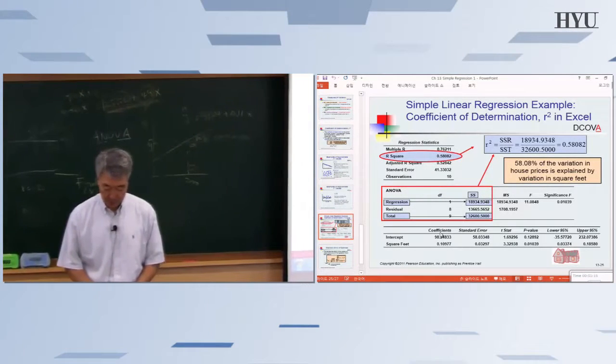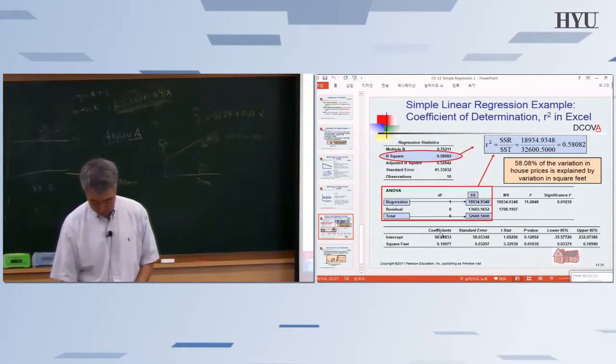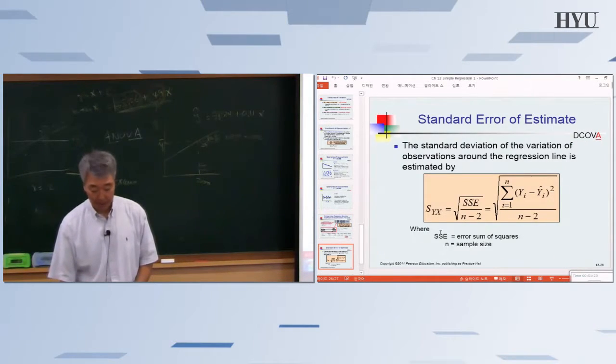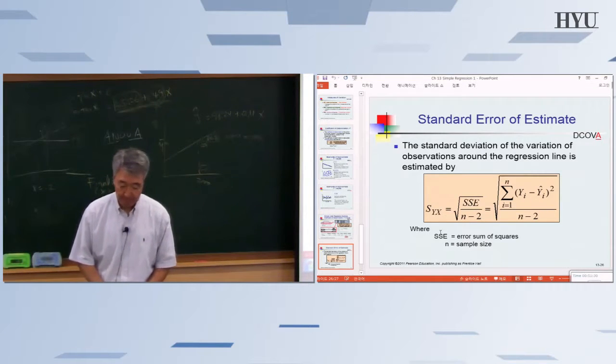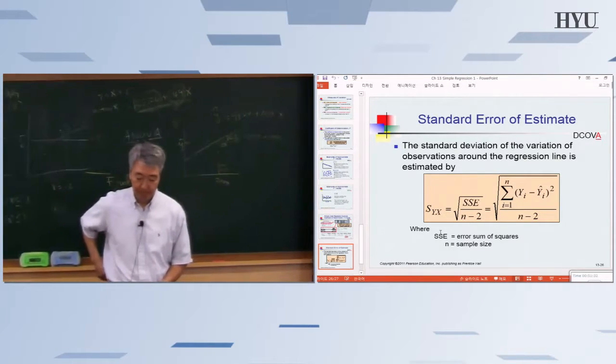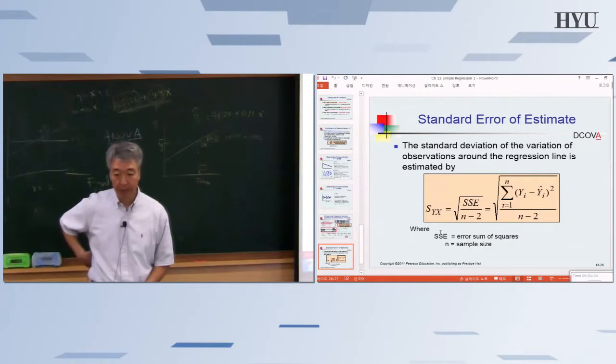All right, so we have how to find R squared in the actual printout. We talked about that already. All right, standard error of estimate is another measure of the fit.